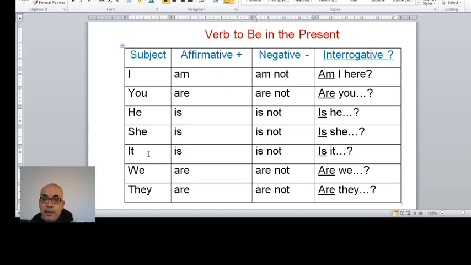It is not, is it here. We are not, are we here. They are not, are they here. So this is what we call verb to be in the present simple tense. And as I explained before, all these are verb to be and they are in the present.